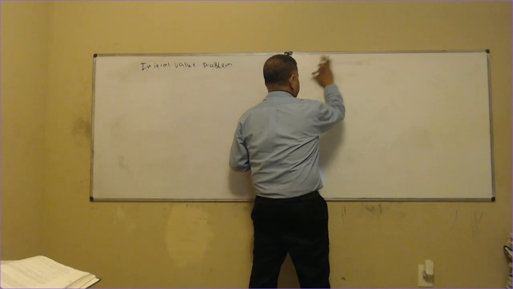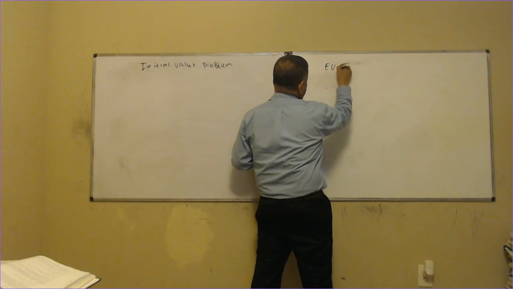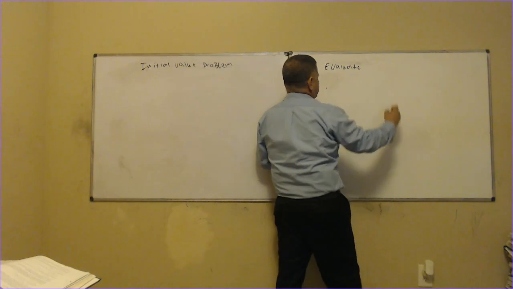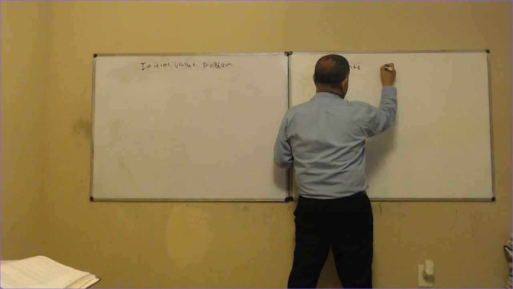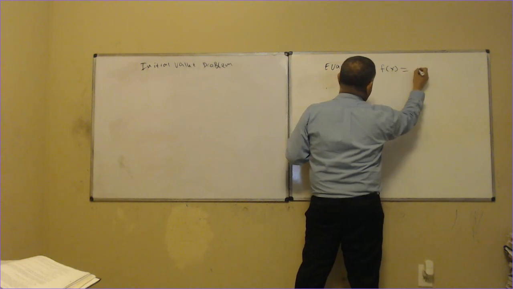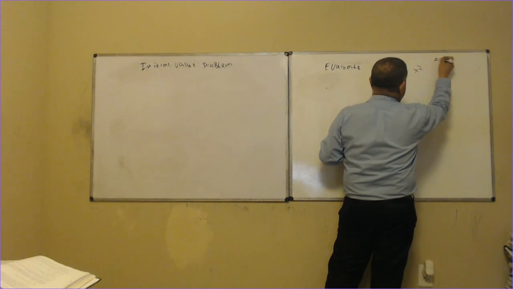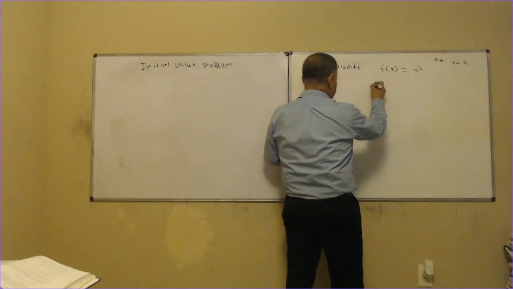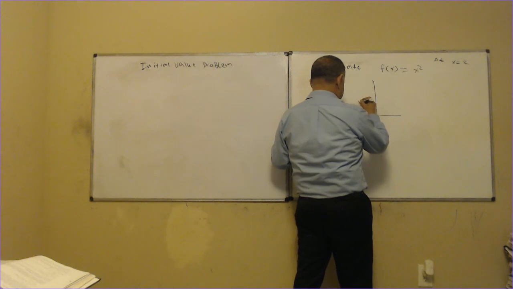For example, if you have algebra, and somebody tells you to evaluate the function f of x equal to x squared, then you know it's going to be a parabola centered at 0.